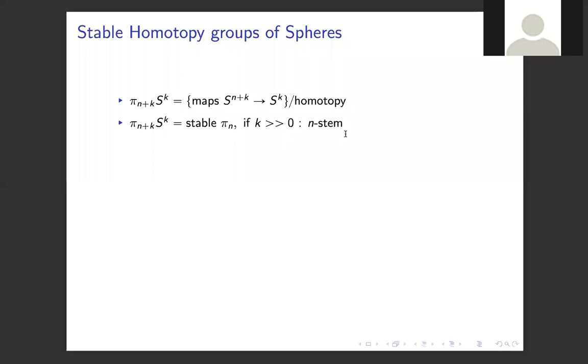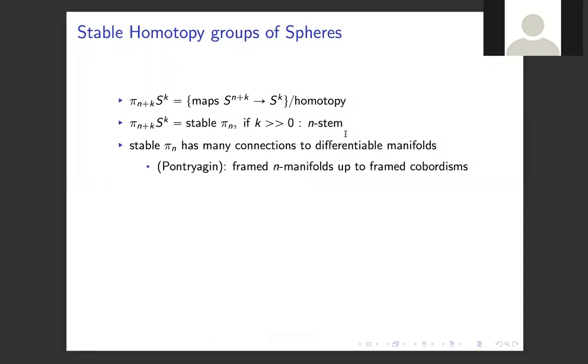So these objects actually have a lot of connections to other subjects of mathematics, in particular differentiable manifolds. This is one of the reasons that a lot of people care about classical stable stems. So I'll list a few examples. The work of Pontryagin tells us it classifies framed n-manifolds up to framed cobordism. Framed here means it has a stable normal bundle and its framing.